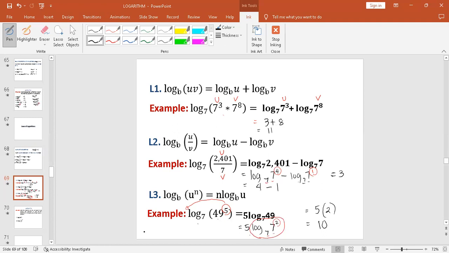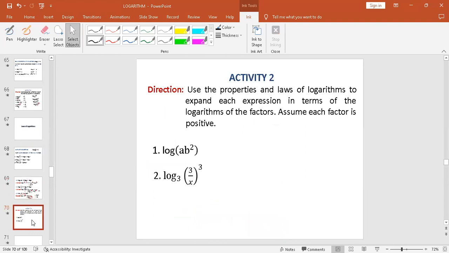Okay, so we are done with the properties and laws of logarithms. Now, class, ang next discussion natin ay expanding and condensing logarithmic expressions. Pag sinabing expanding, i-expand mo class. I-expand mo, papahabain mo.